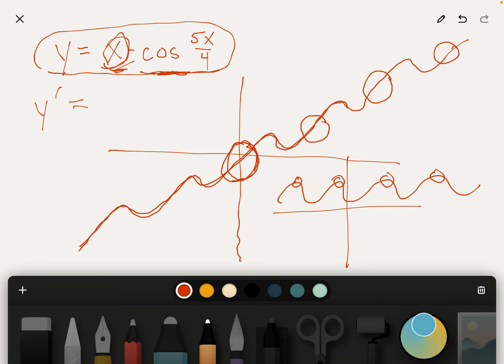So y prime, x goes to 1. So there's still a vertical shift, but it's a constant vertical shift. And as we said, it's going to be 5/4 sine 5x over 4.